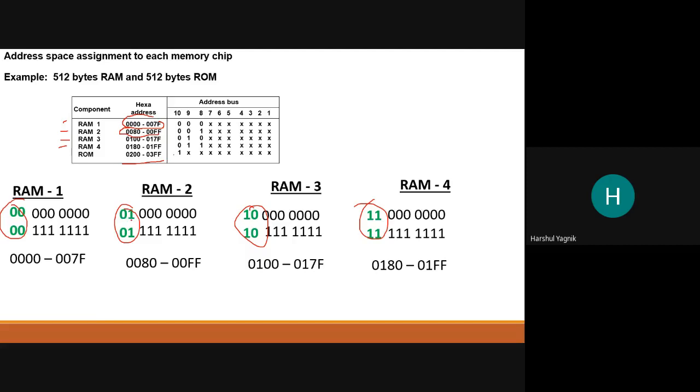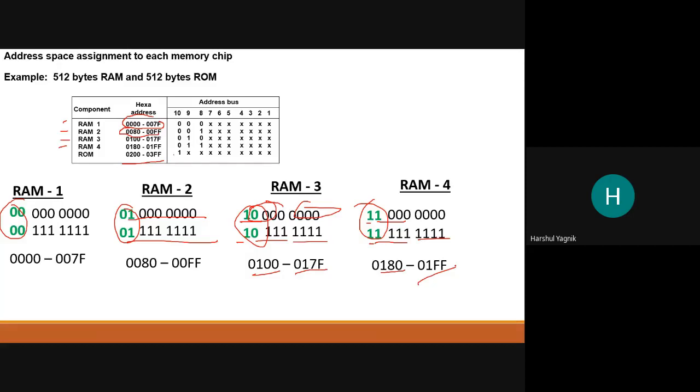Now we know why this is 80, because this is 1 followed by 7 zeros. Then 0100 to 017F, then 0180 to 01FF, from the address bus itself.